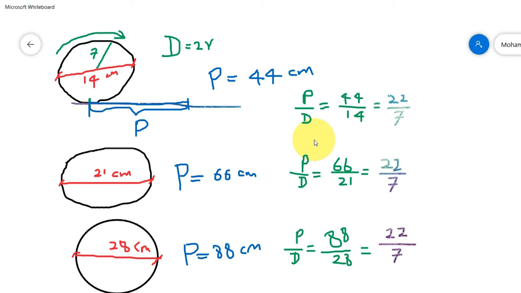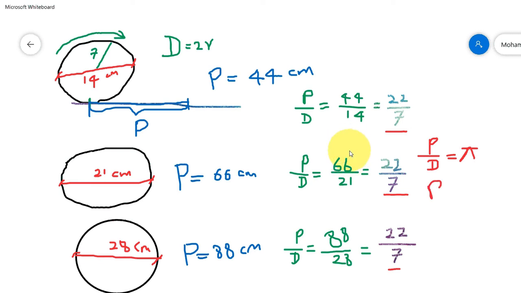Here you can see in all the cases your perimeter over diameter ratio is nothing but one number. This is a special number, which we define as pi. This is the symbol we use to represent 22 by 7.